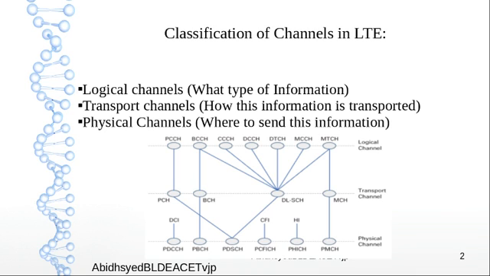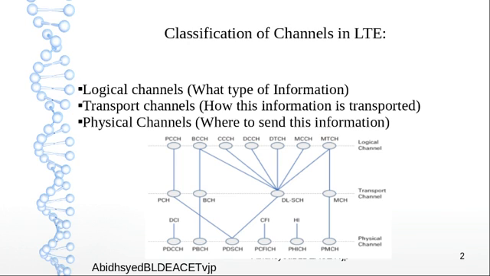Now let us see some typical types of channels. First one is logical channels. What do you mean by a logical channel? The logical channel can be defined as the channel which concerns what type of information is being transported.